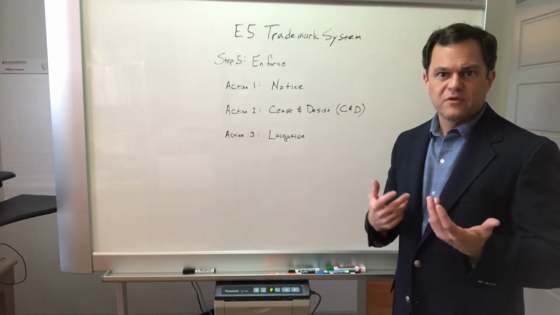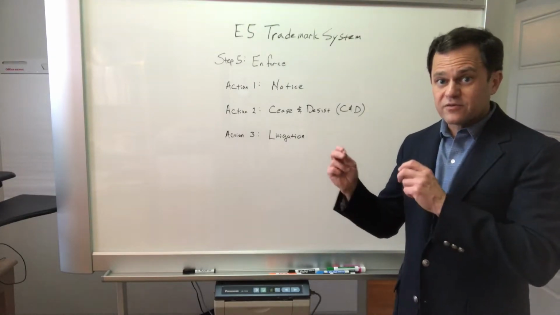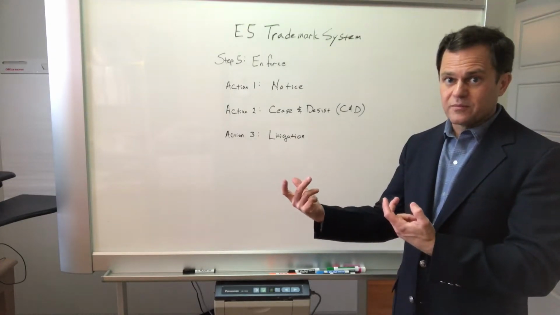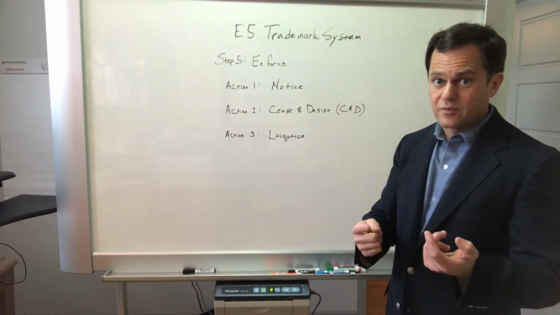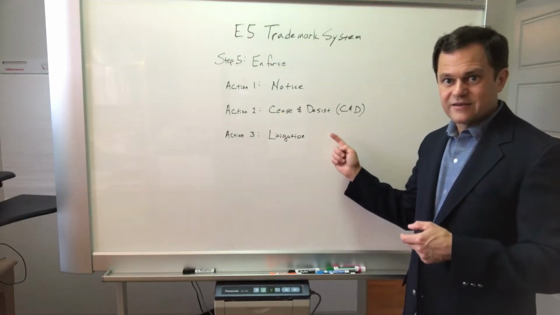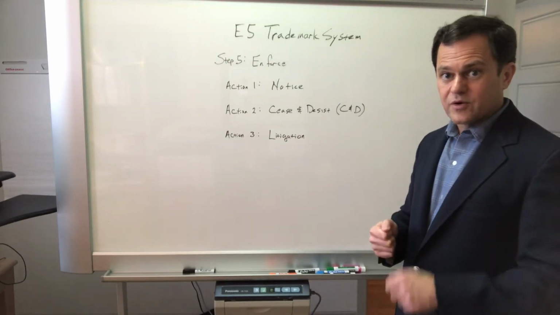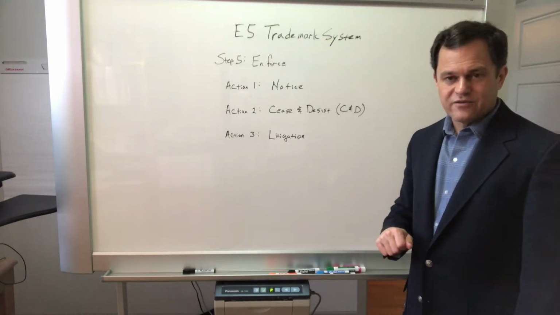Not always your best, but usually it is going to be your best example that you lead with. Again, because the trademark system, it's not about protecting your mark, it's about protecting the consumer and preventing them from getting confused. So you want to have a cease and desist letter that you're proud to put in front of a judge. And the third action is litigation.